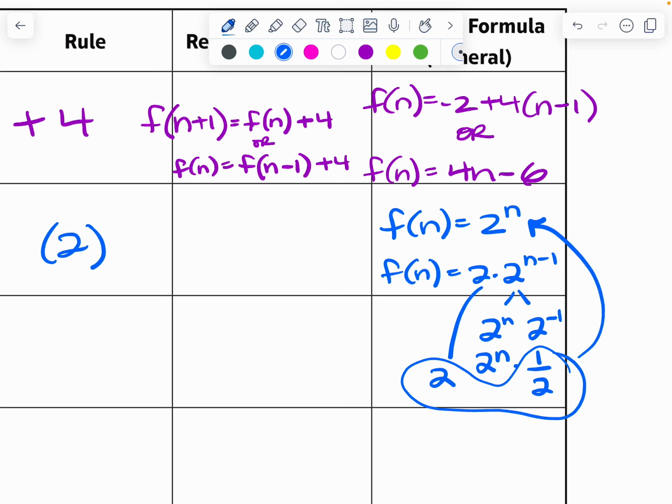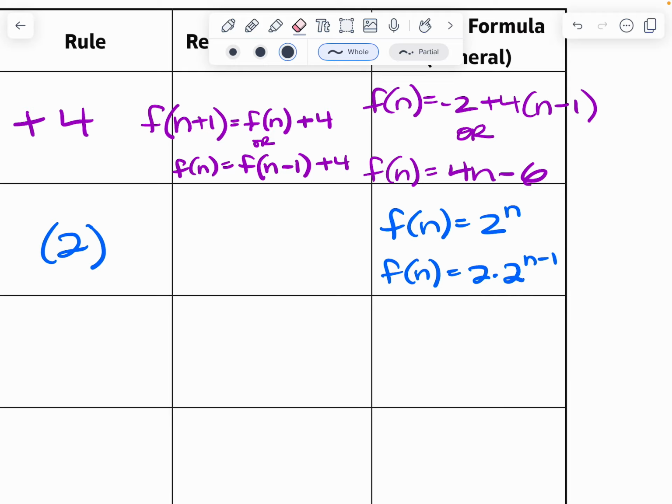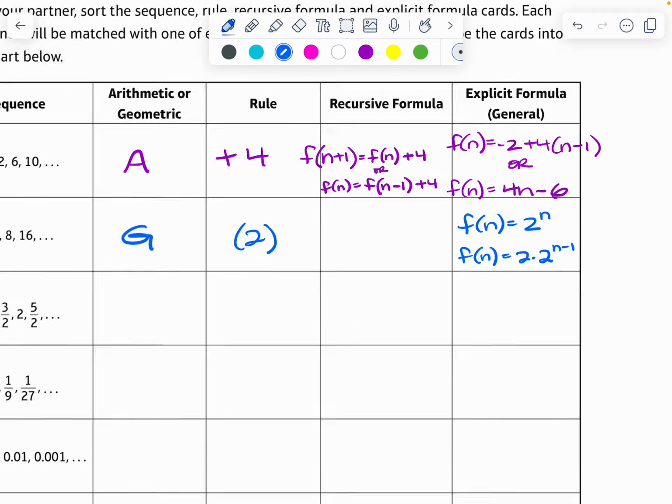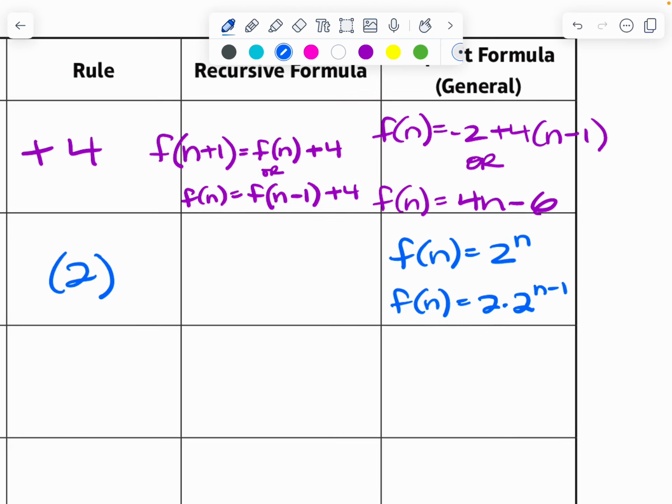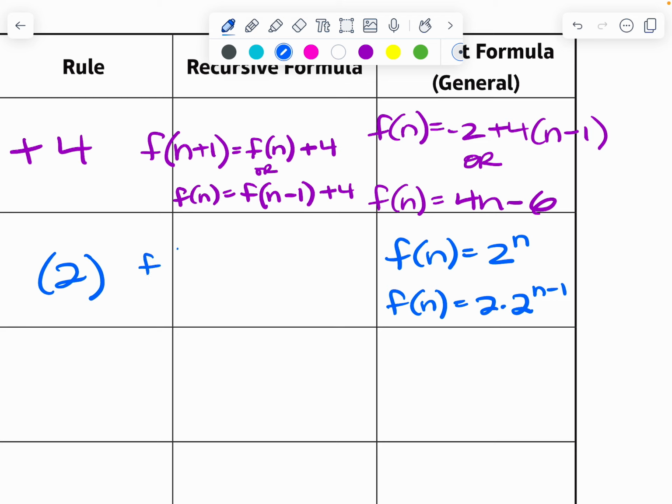Phew, that was a lot of work. But just so you know, that's how I ended up with 2 to the n. I simplified that other longer equation. All right, okay, let's go on. So, recursive. I'm going to keep filling in using f of n plus 1. That allows me to use f of n in my equation times 2.